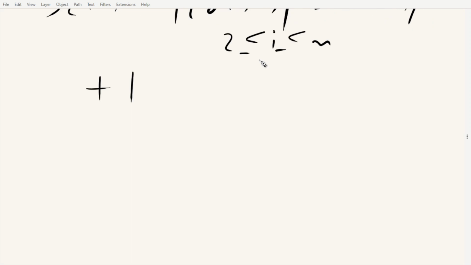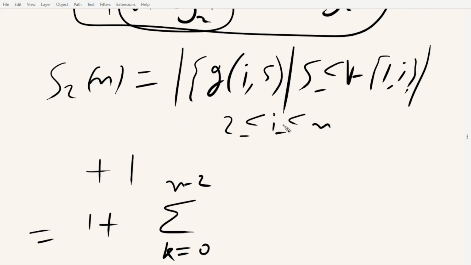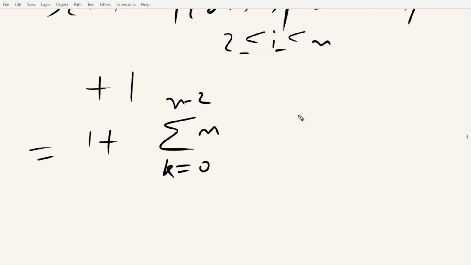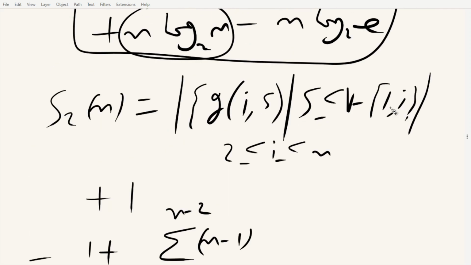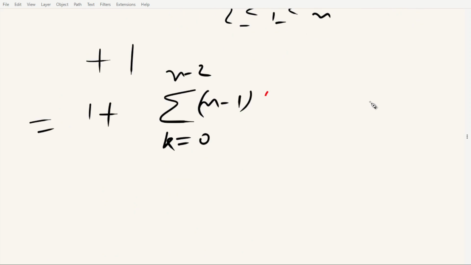So now we can easily find the sum. This is equal to 1 plus sum, k varies from 0 to n minus 2, the size of the subset S. i ranges from 2 to n, so n minus 1 multiplied by choosing from V minus {1, i}. So there are n minus 2 vertices, and we have to choose k out of n minus 2.